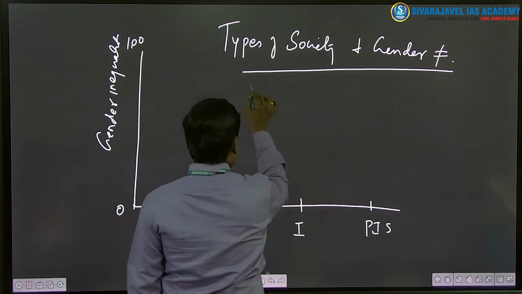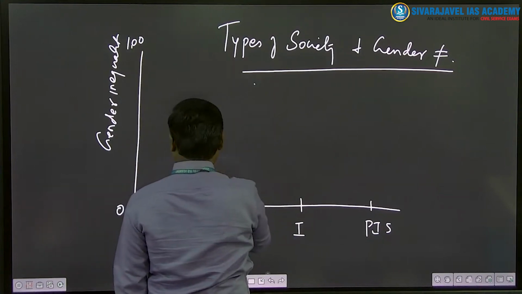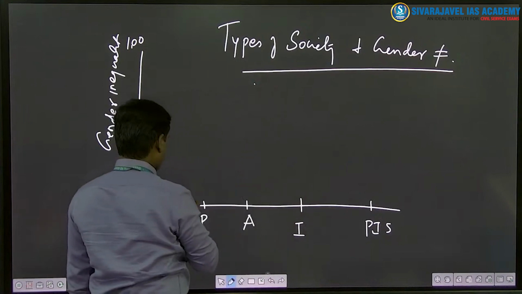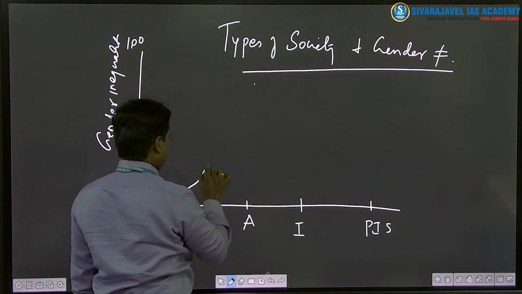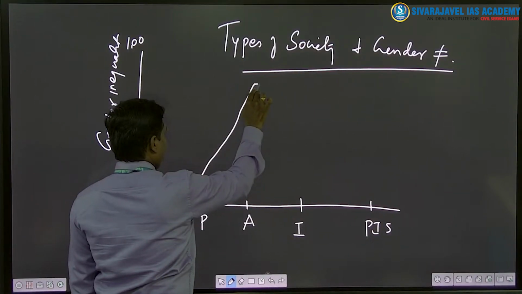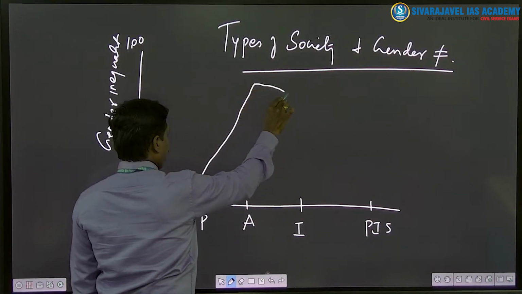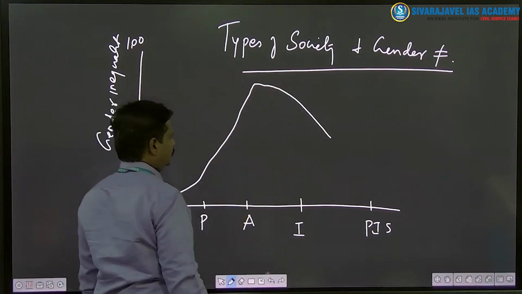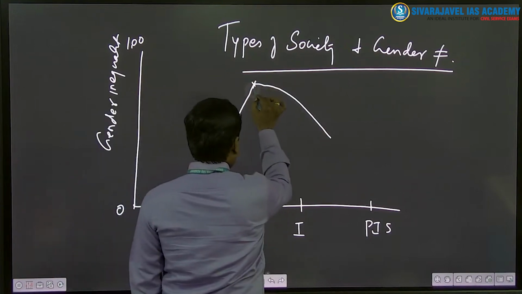As I told, in the earlier societies it is less. So it keeps rising and attains a peak here. Thereafter, it started declining.